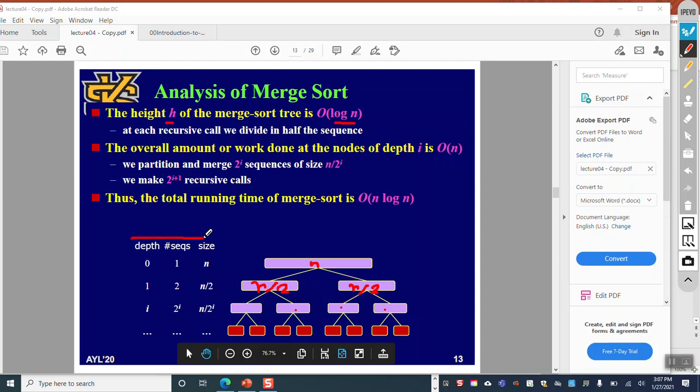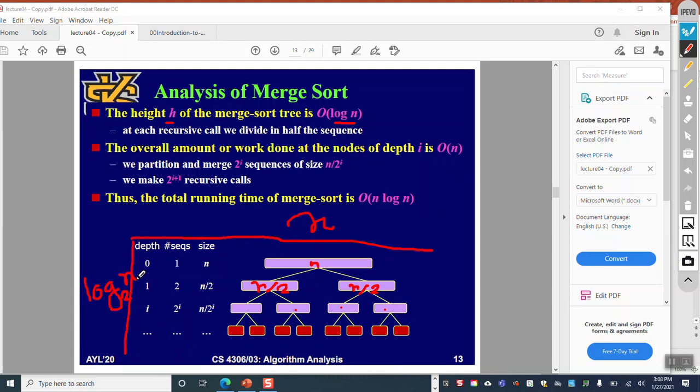So if we consider this as a rectangle, the size is n, and the depth is log base 2 of n, so we can say log n.